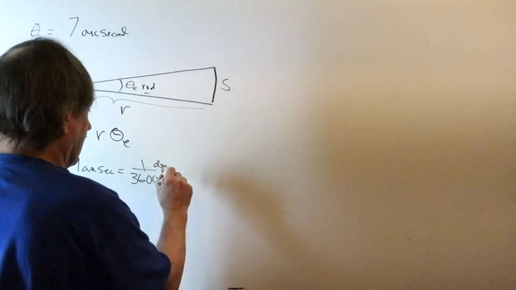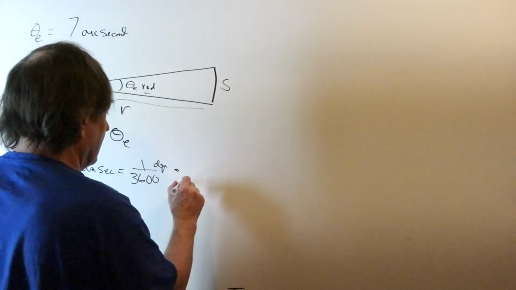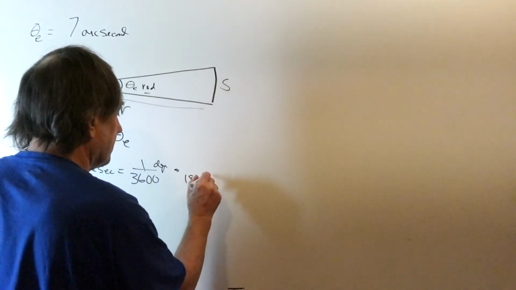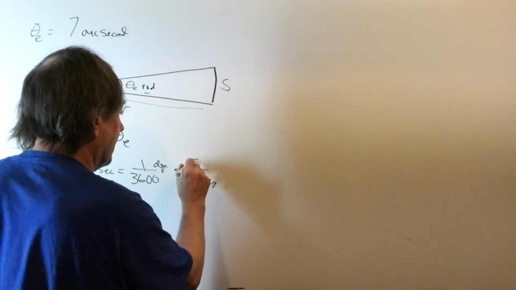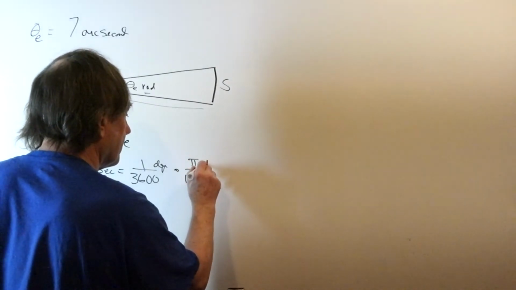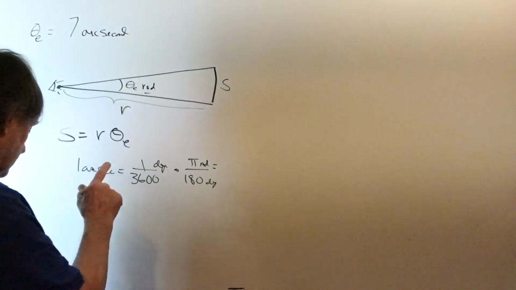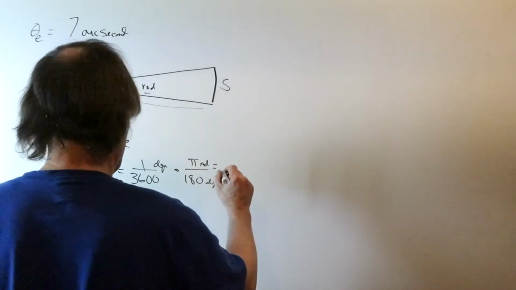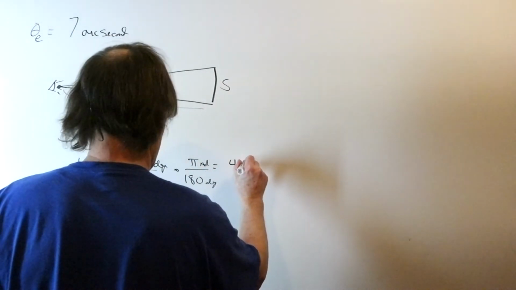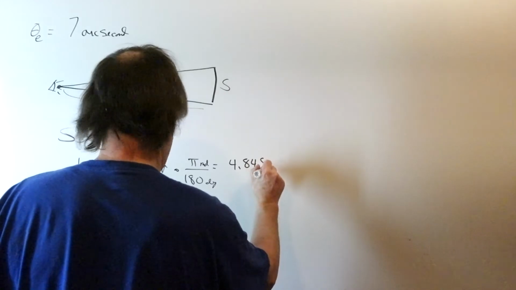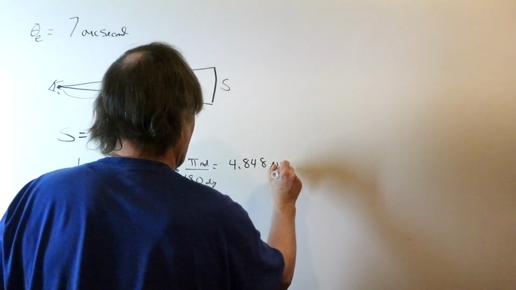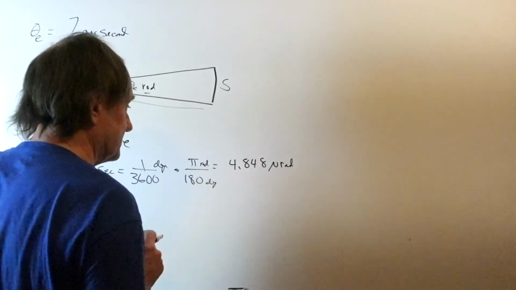And there are 180 degrees in pi radians. So 1 arc second works out to 4.848 microradians, or 10 to the minus 6 radians.